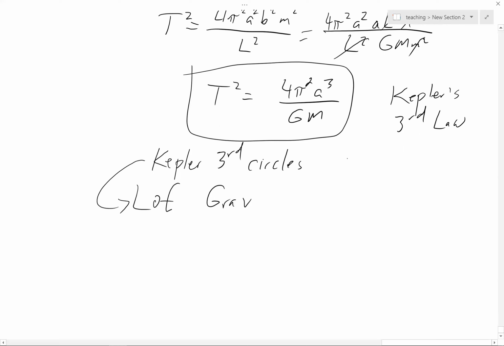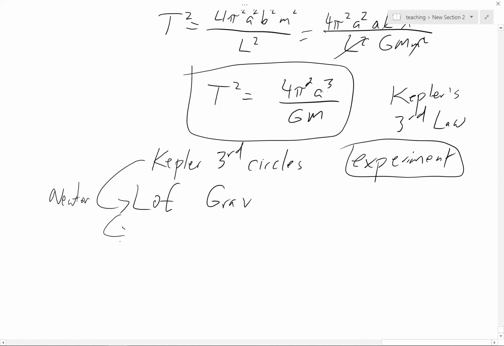This was verified by experiment, and that's one thing we have to remember in physics: physics is not just mathematical. Ultimately, there has to be an experiment that everything comes from. Kepler discovered by experiment, based on Tycho Brahe's data, that if something's going in a circle, then the period squared is proportional to the radius cubed. And from that, Newton was able to derive the law of gravitation.